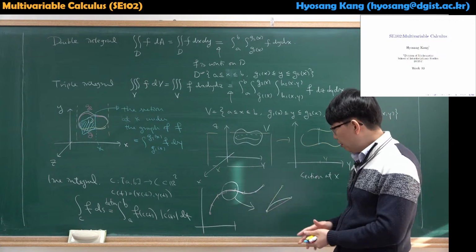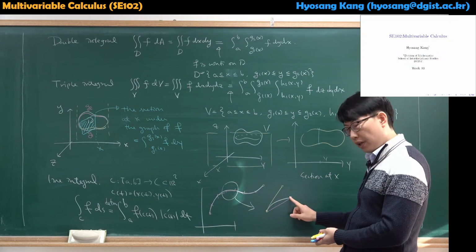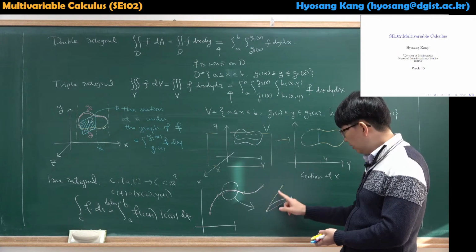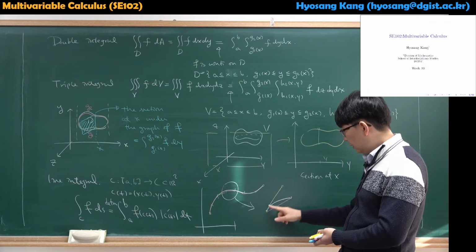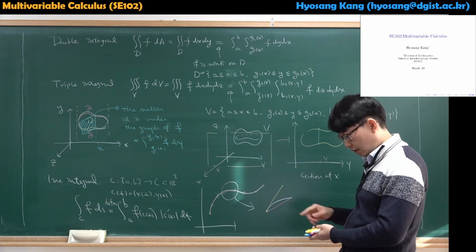So I'm going to approximate the length of this line segment with the length of this vector multiplied by delta t.